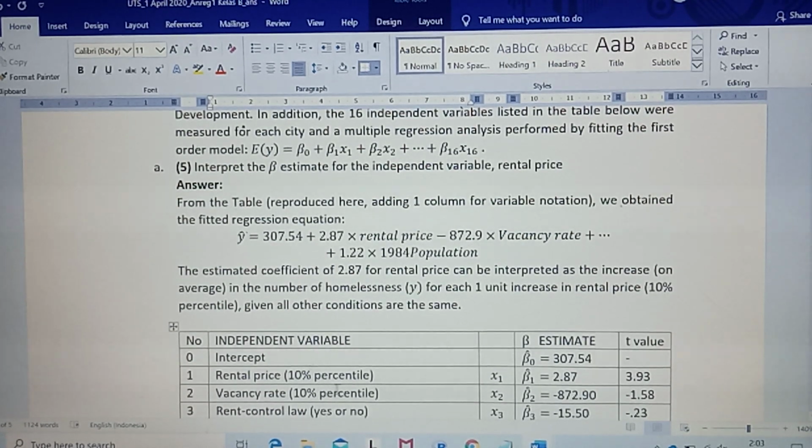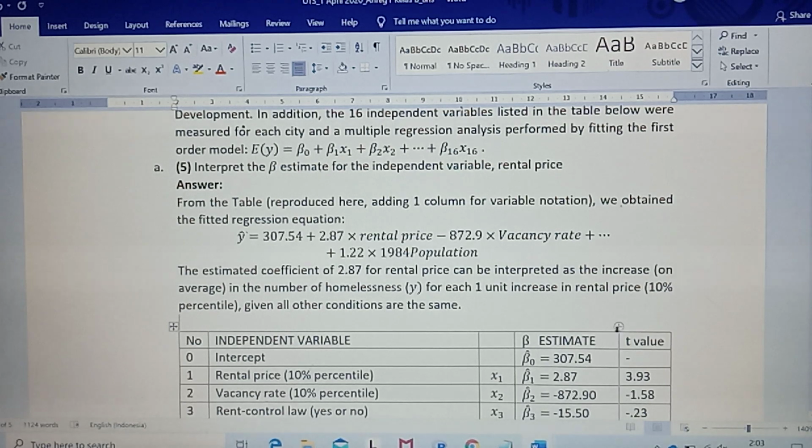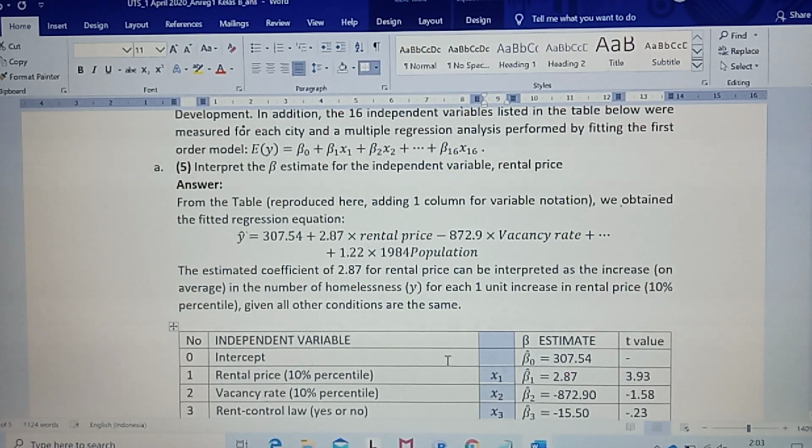So I just copied the table and pasted it here, and added one more column to make it easier for you, to show which one is x1, which one is x2, and so on. I also put the symbol beside the beta estimate, so the coefficient associated with the intercept is beta naught, and the coefficient associated with x1 is beta 1. That's how we relate these symbols with the names of the variables here.